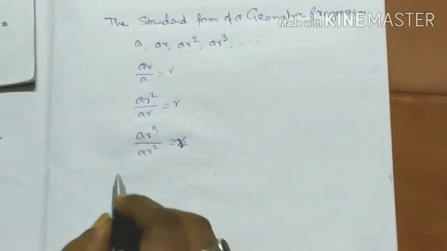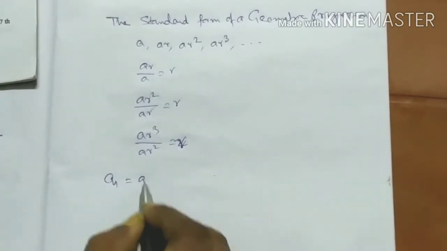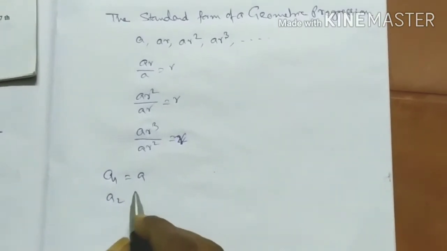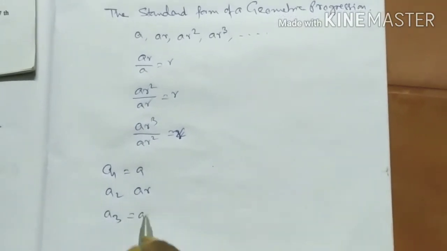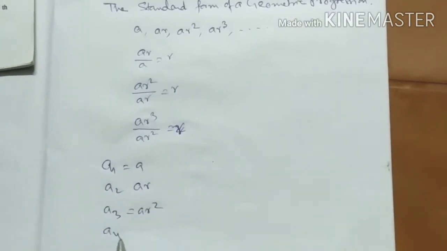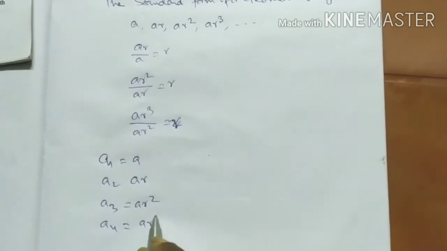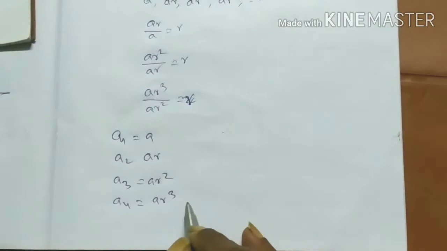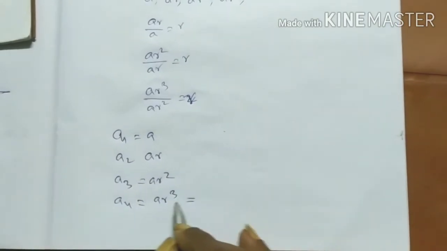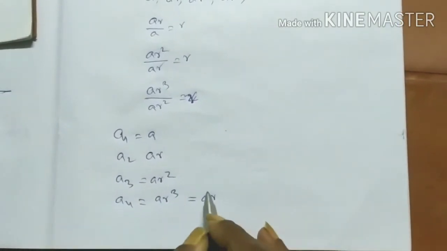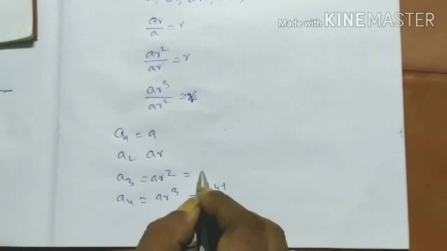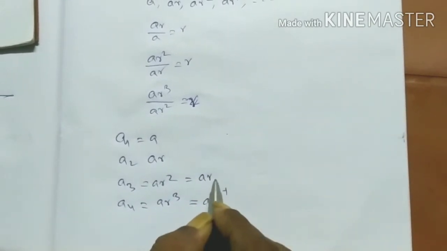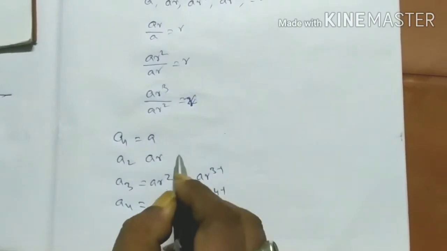Now, this A1, that is A, is the first term, the second term A2 is AR, the third term is AR square, the fourth term is AR cube. I am going to make some modification or arrangements. Instead of R to the power of 3, I can write 4 minus 1. Instead of R to the power of 2, I can write 3 minus 1.